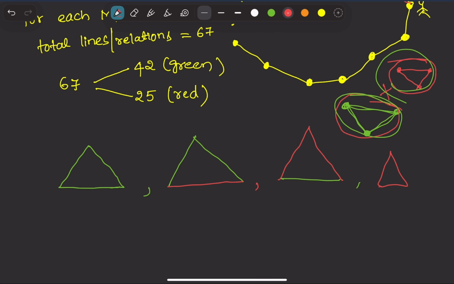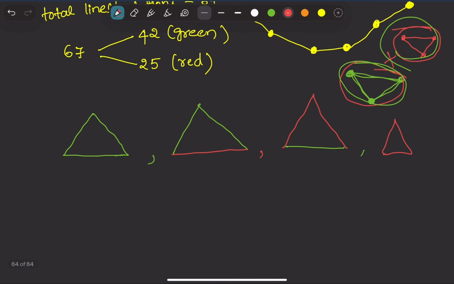So these are the four triangles that are possible. So the problem is to find out the number of triangles which are like this one and this one.